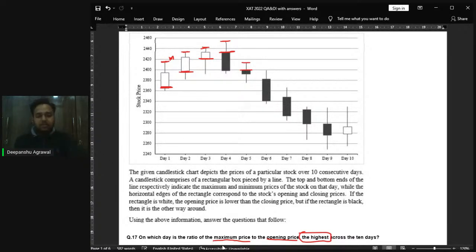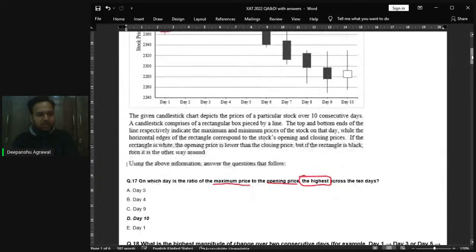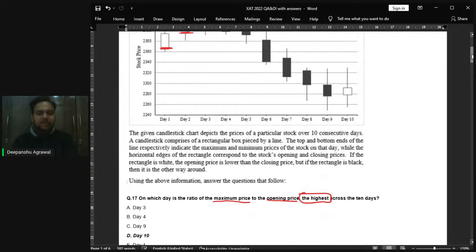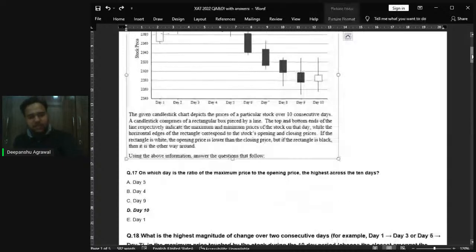To calculate which ratio is highest, we don't need to actually calculate all the ratios. We have to first look at the options and calculate the answers according to the options. In the options, which days do we have to calculate?